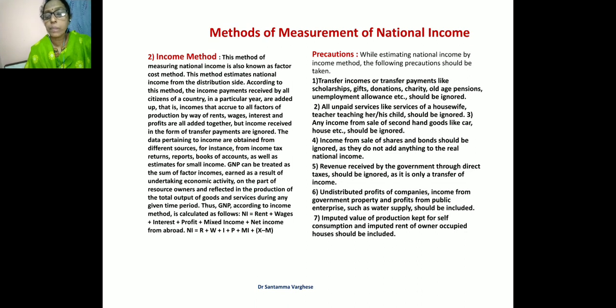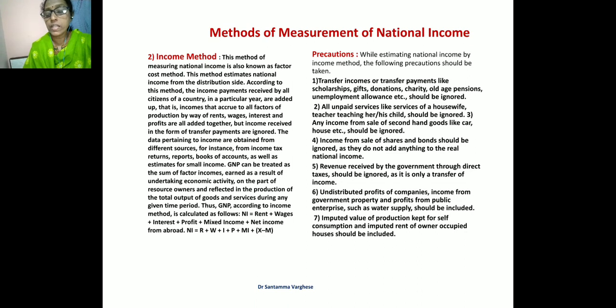Second, all the unpaid services like services of the housewife, or teachers teaching their own child should be ignored. Any income from the sale of second-hand goods should be ignored. Income from the sale of shares and bonds should be ignored as they do not add anything to the real income.